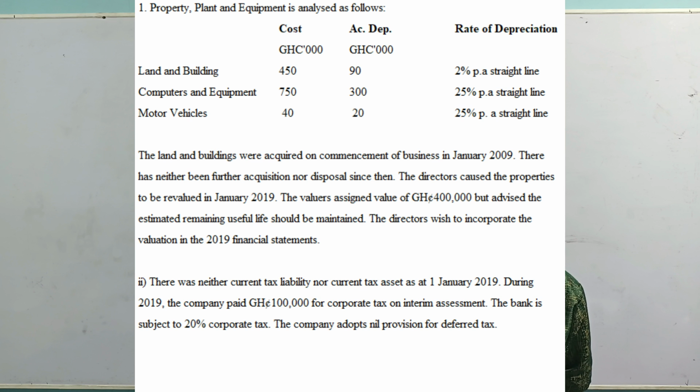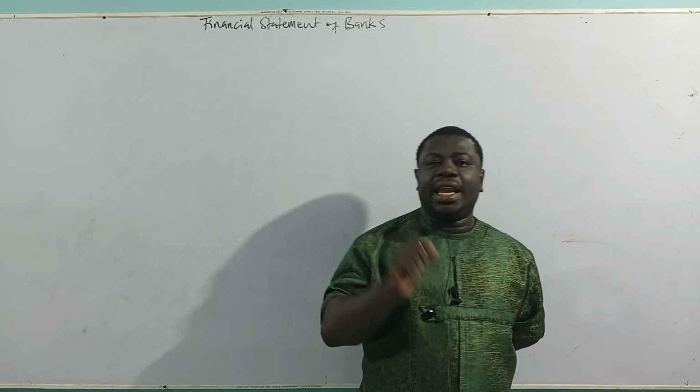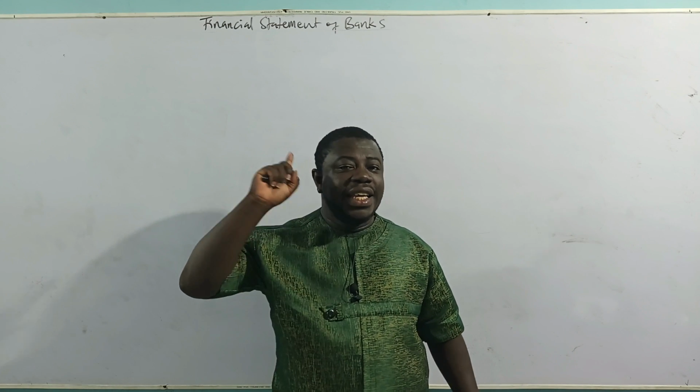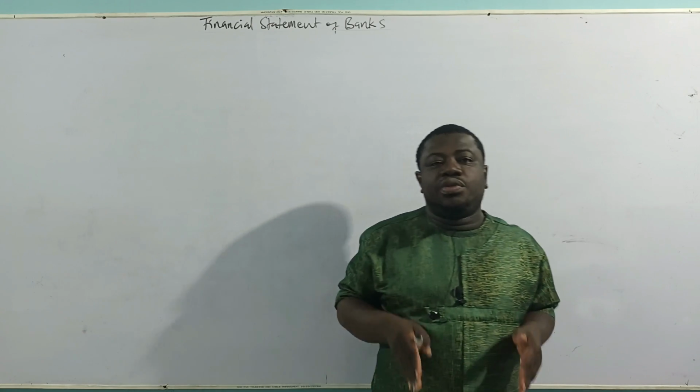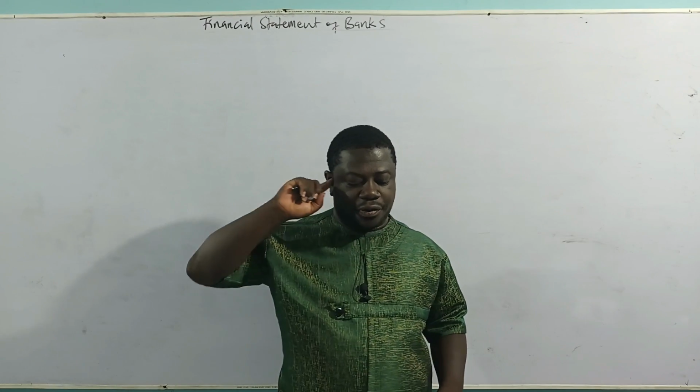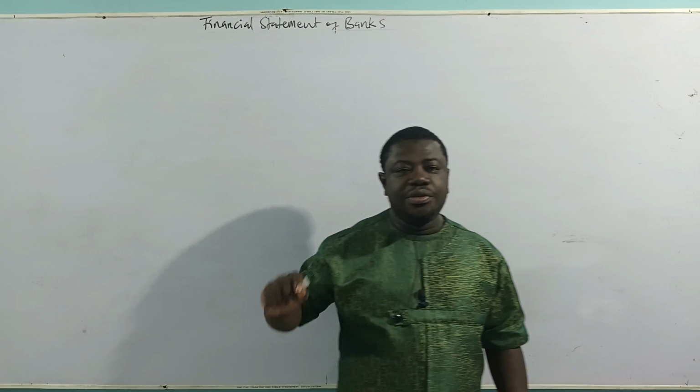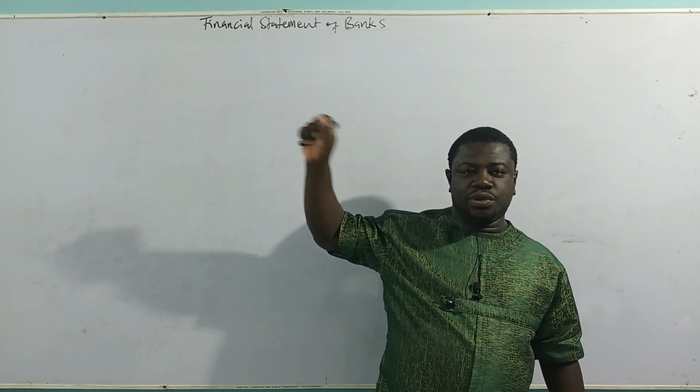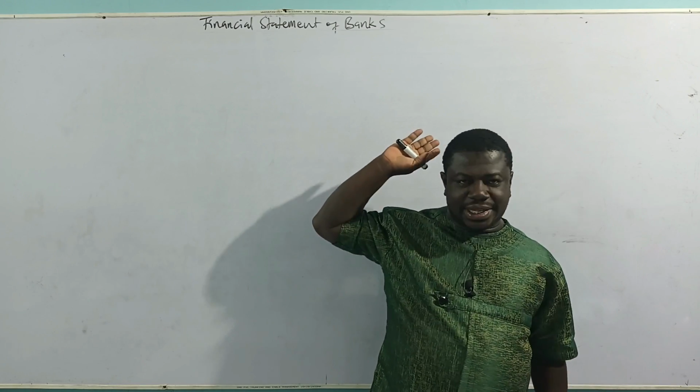Still on PPE. The land and buildings were acquired on commencement of business on 1st January 2009. So it means that the land and buildings were acquired 10 years ago, because we are working in 2019, but it was acquired in January 2009. That is 10 years ago.